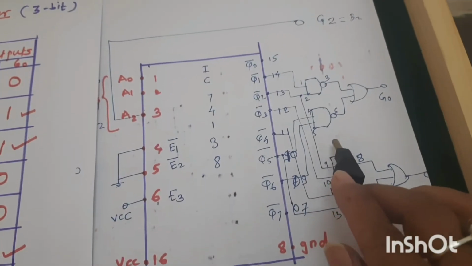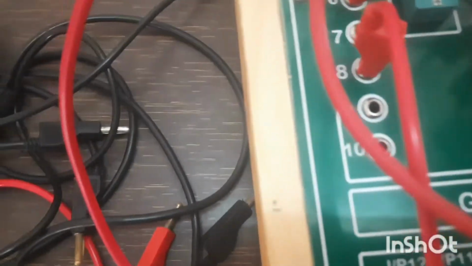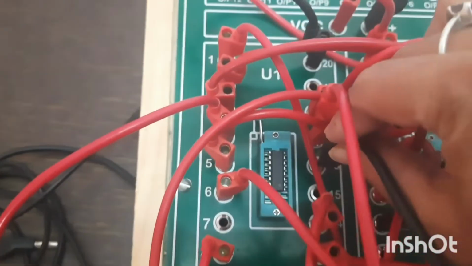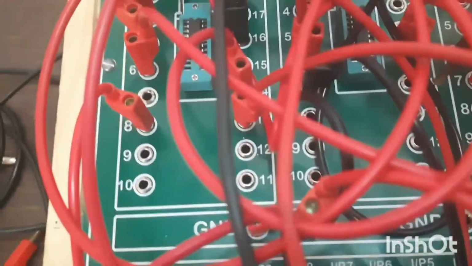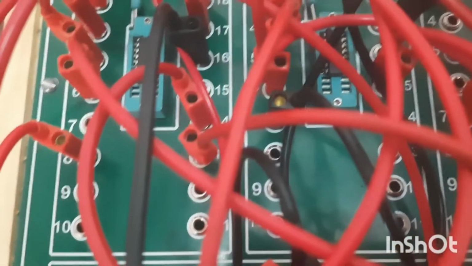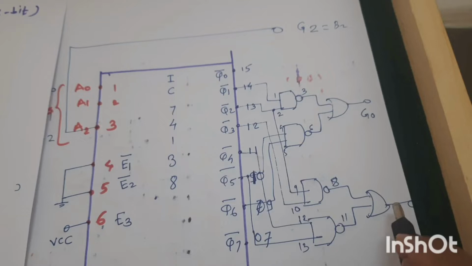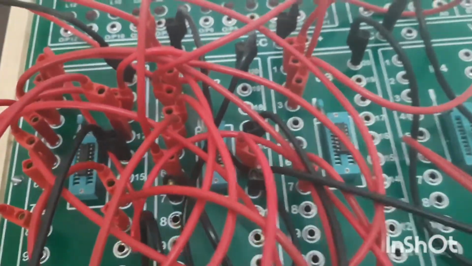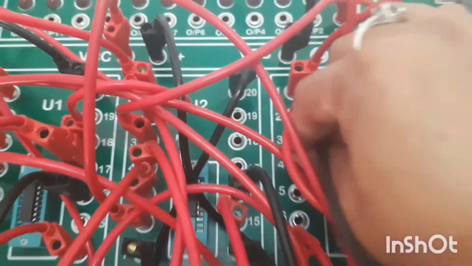Now pin number 12 is connected to pin number 10. Pin number 10 is here, 8, 9 and 10. Now the output of the second NAND gate, pin number 8, is connected to pin number 4 of the OR gate IC.